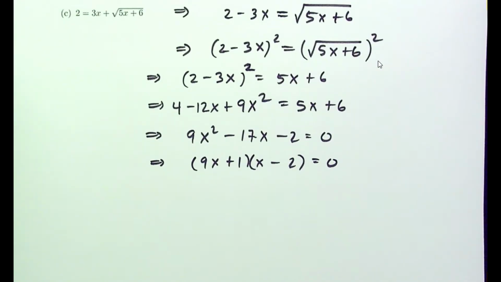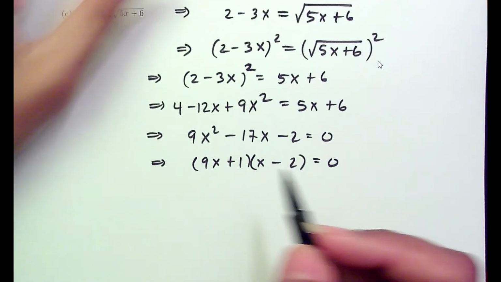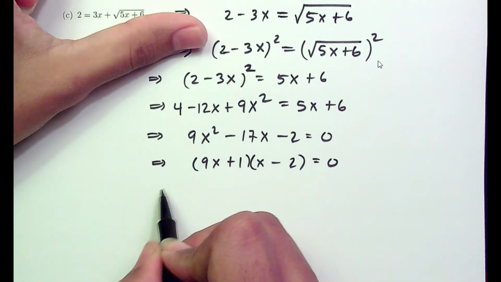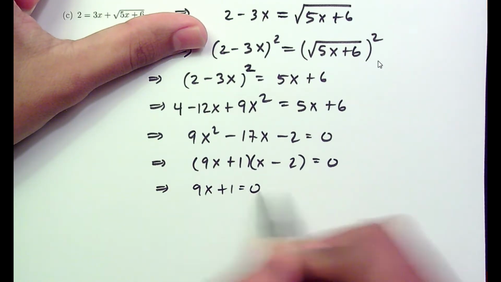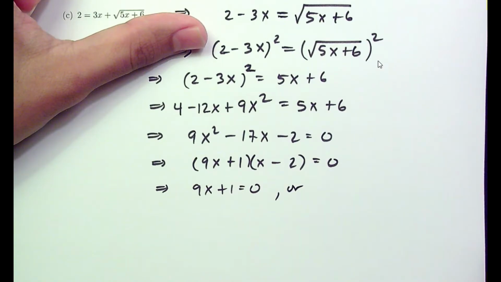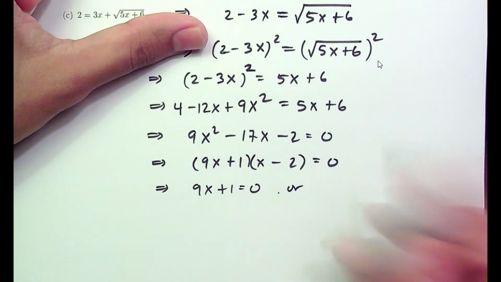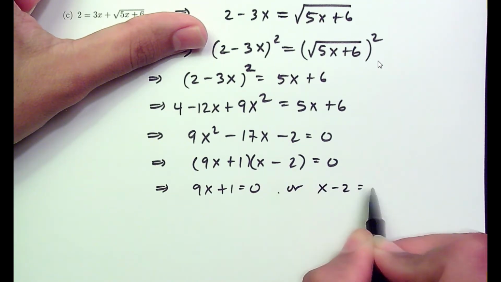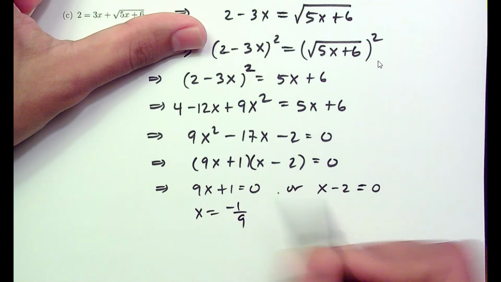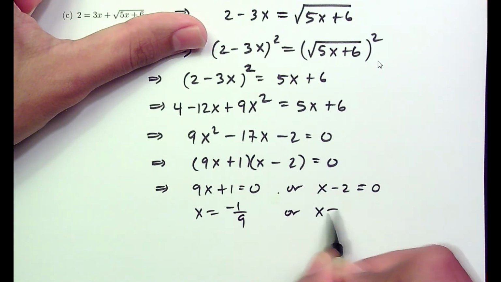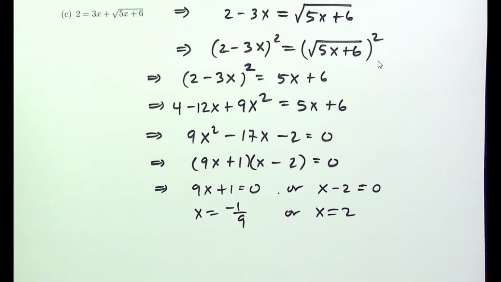So I'm going to let you figure that out, or just use the quadratic formula. And now set each factor equal to 0. So this one is going to give us x equals negative 1/9, and this one is going to give us x equals 2.